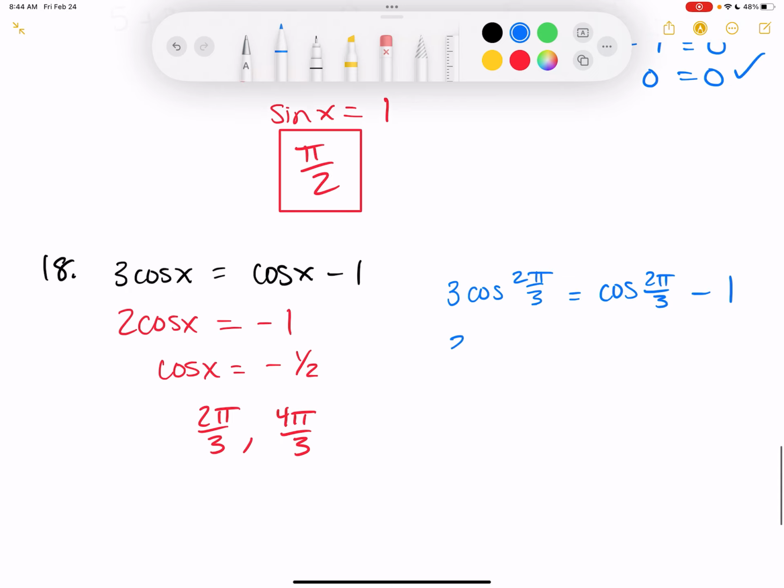So this is 3 times cosine of 2 pi over 3, which is negative 1/2, is equal to negative 1/2 minus 1. So that's negative 3/2 is equal to, well, that's negative 1.5, which is the same as negative 3/2. So that one's good.